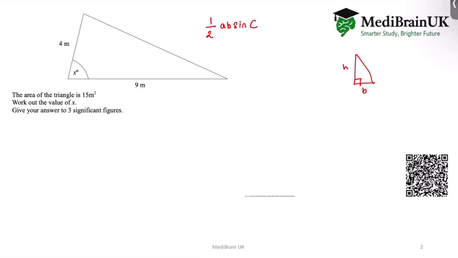To work out the normal area of a right angle triangle, it's base times height divided by 2. This is only if the triangle is right angled. If the triangle is not right angled, like the example that we have here, we're going to be using this formula. So this formula is for non-right angled triangles. Okay?